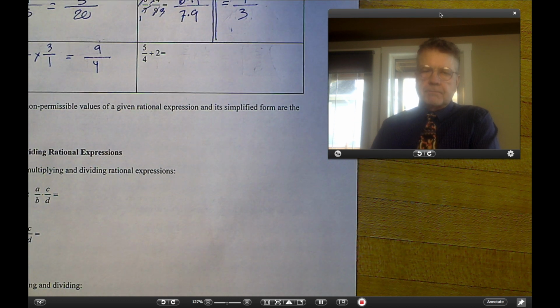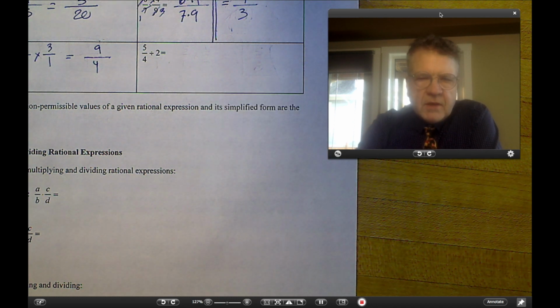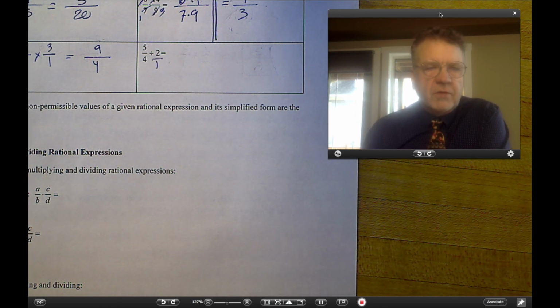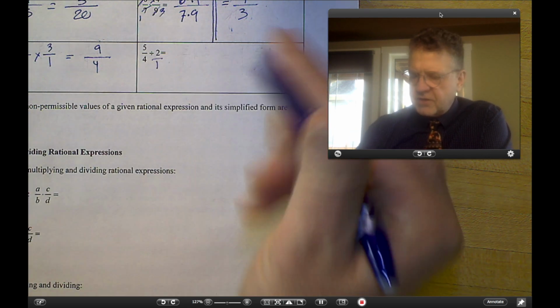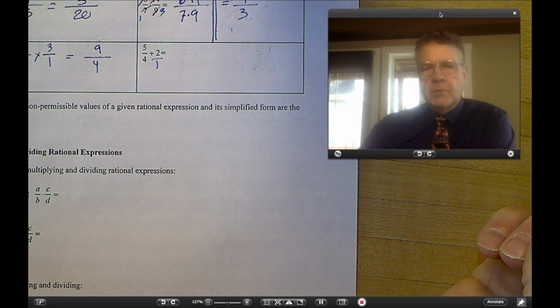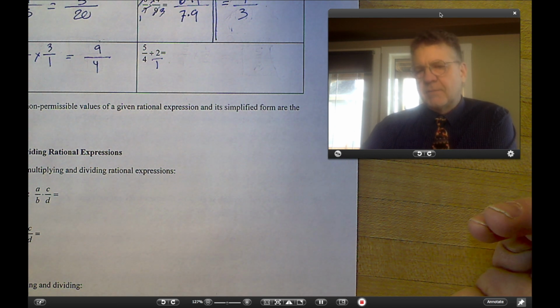So in the last question in the box here, you've got to ask yourself, well, how do I invert an integer? You turn it into a fraction, right? So 2 is really 2 over 1. And now you can do the inversion thing. And here it makes a little bit more sense. If you're dividing a number by 2, you're really multiplying it by 1/2.